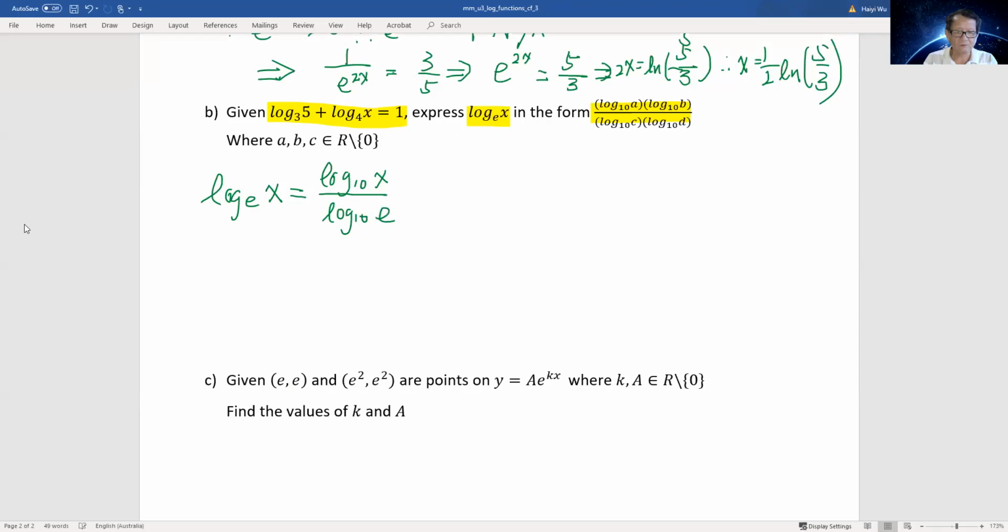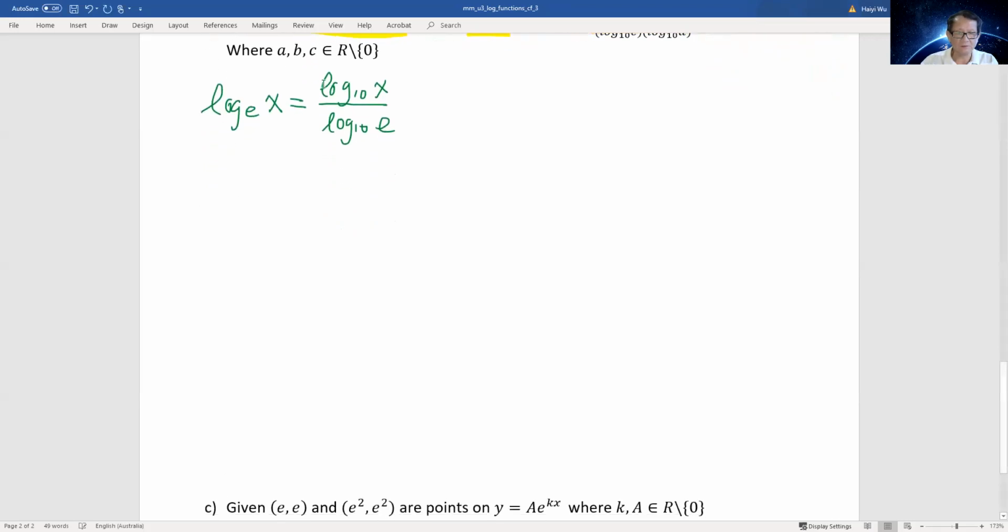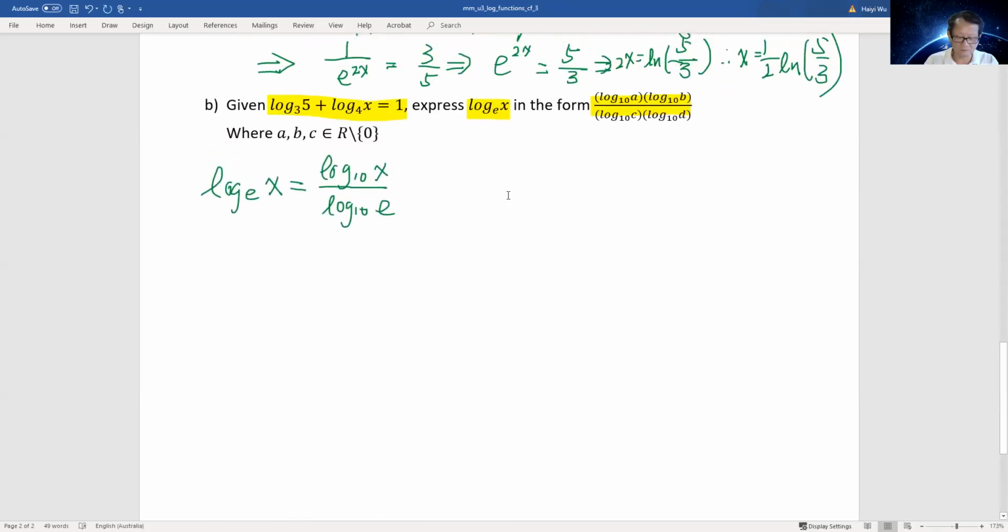So that's step one. Now when you change the base, we have achieved one at least. The one on the bottom, we already got a 10 base, but on top, we still got an x. So we don't want an x there.